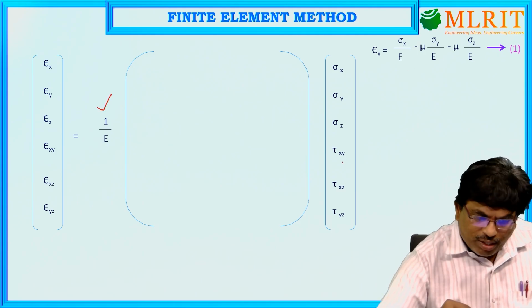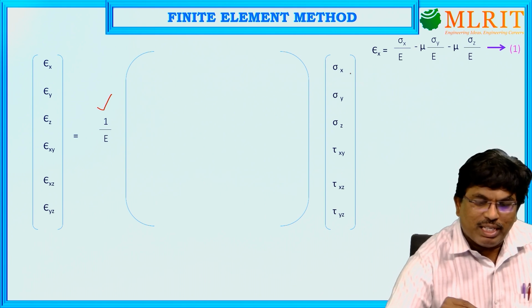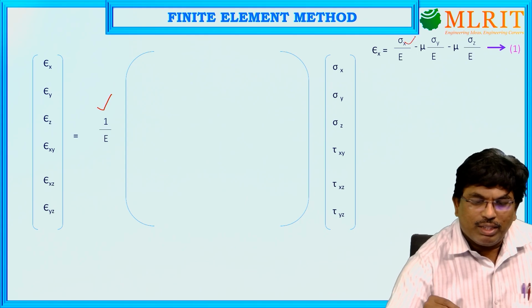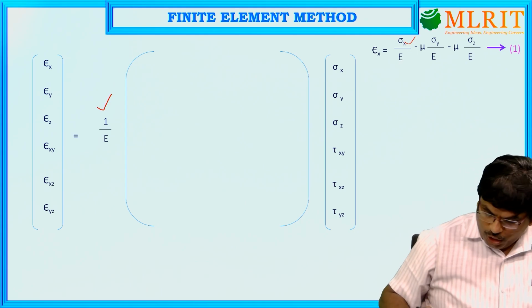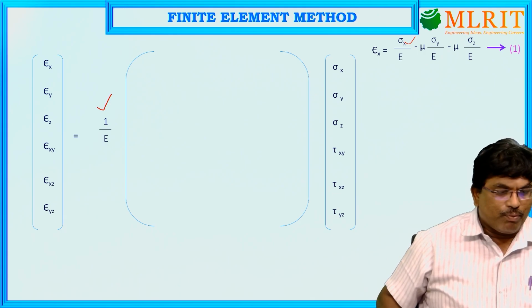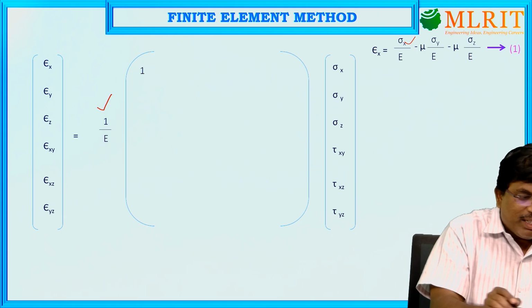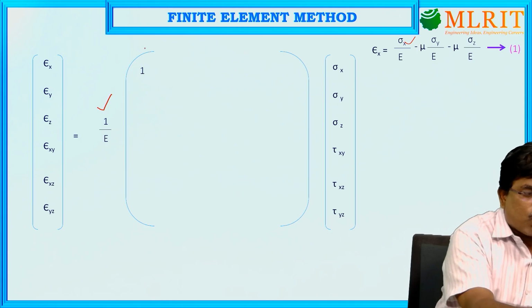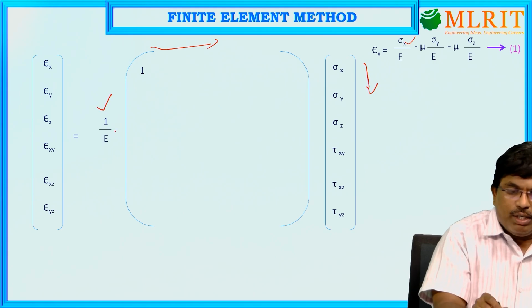You have to go row by row. First is sigma x. In equation 1, sigma x is here, and the remaining factor is 1 by E, which I took as common, so the coefficient is only 1. If you multiply this row into the column, you will get 1 by E into sigma x.